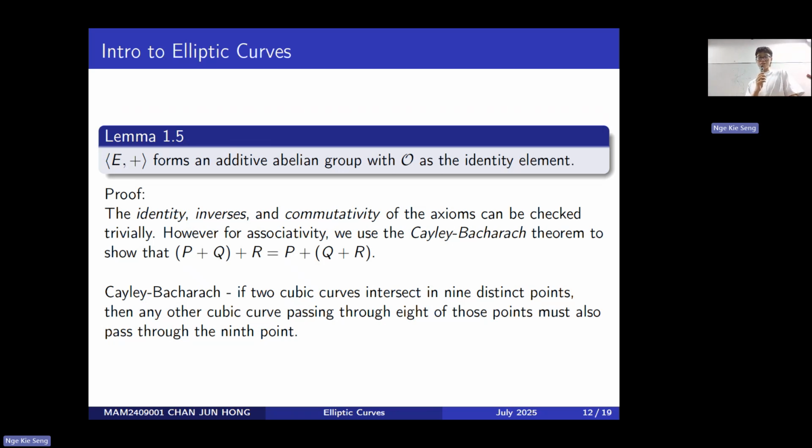So to prove this, we check the axioms for the abelian group, and we see that the identity, inverse, and commutative part can be checked trivially. However, for the associativity, we have to use the Cayley-Bacharach theorem, which states that if two cubic curves intersect in 9 distinct points, then any other cubic curve passing through 8 of those points must also pass through the 9th point. So this will show us the associativity.